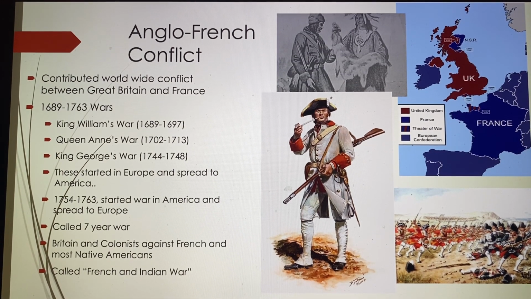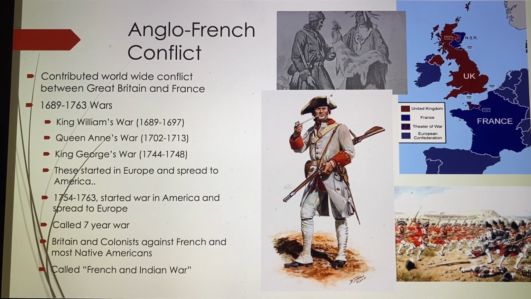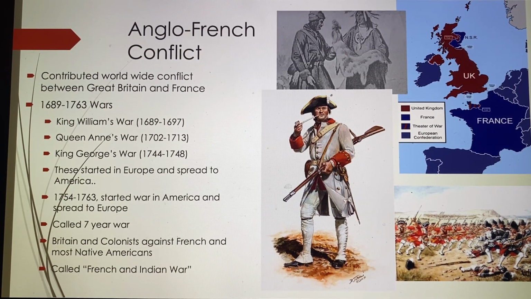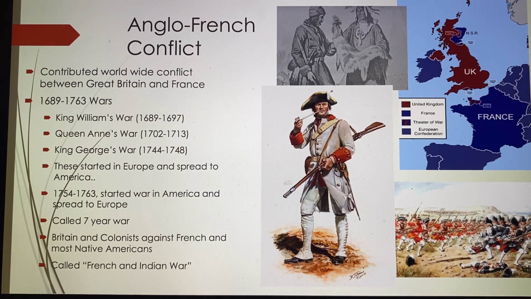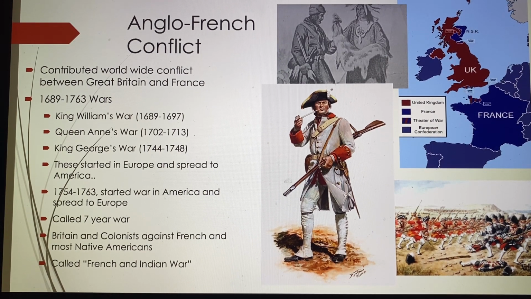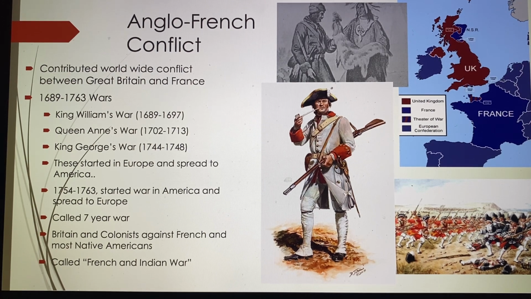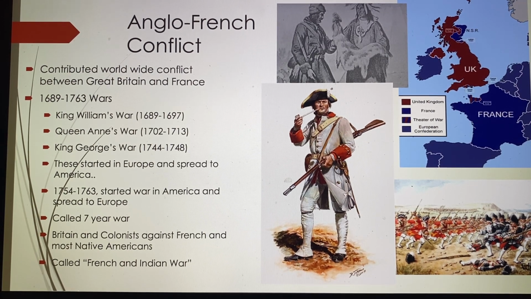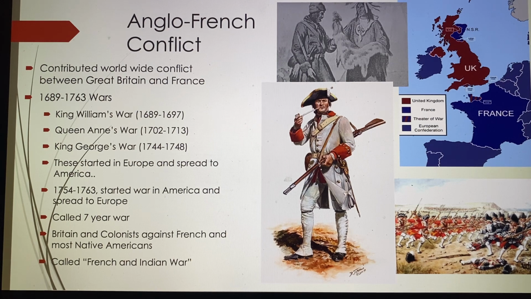The colonists were. These wars started in Europe and they spread to America. But in 1754 to 1763, a war started in America and spread to Europe, the opposite. They called this war the Seven Years' War.